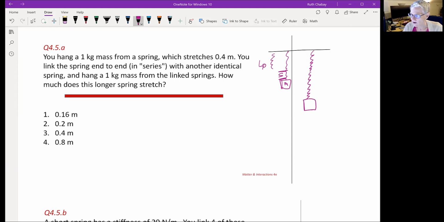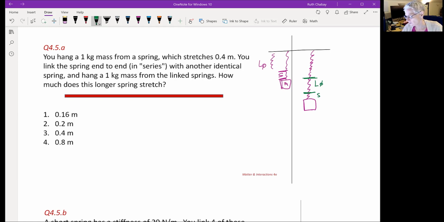let's consider the bottom spring. So the bottom spring is supporting the weight of this mass. So it's going to do exactly what it did before. Okay, it's going to stretch by an amount S. The top spring is supporting the weight of all this stuff hanging below it, and we're making the assumption that the masses of the springs themselves are negligible here.